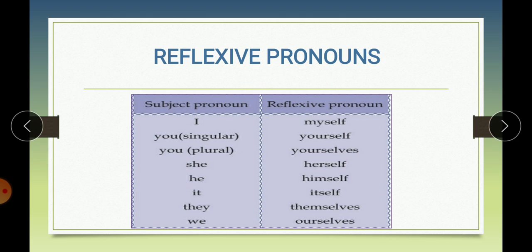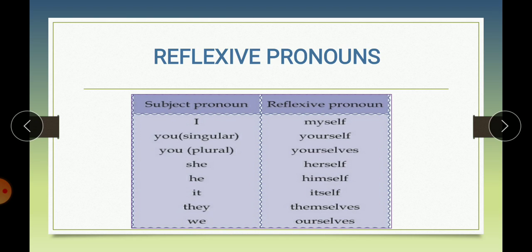Now, every personal pronoun or subject pronoun has its own reflexive pronoun. Like, I has the reflexive pronoun myself, you has yourself, and if you is plural, it is yourselves. She has herself, he, himself, it, itself, they, themselves, we, ourselves.